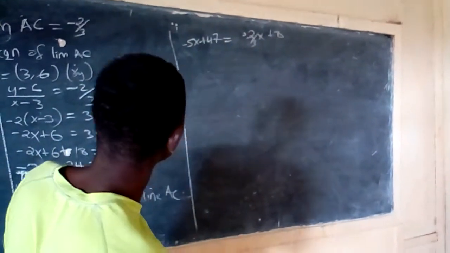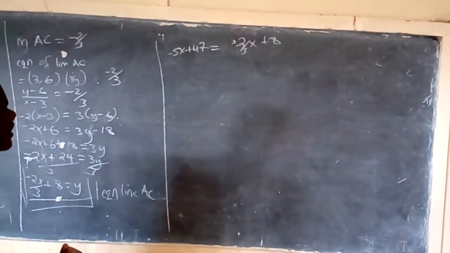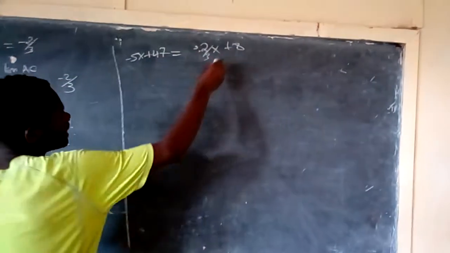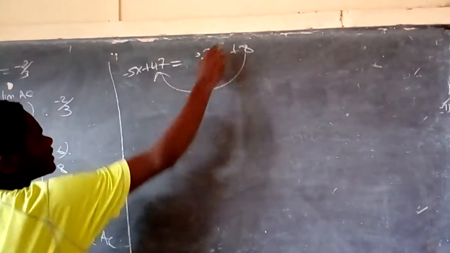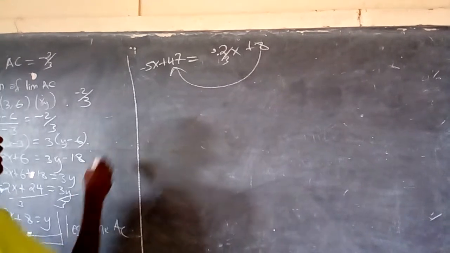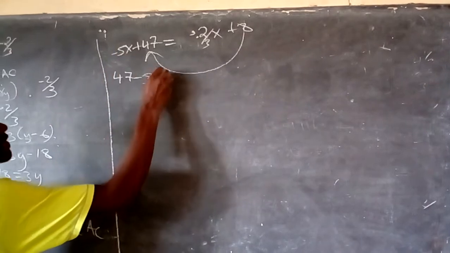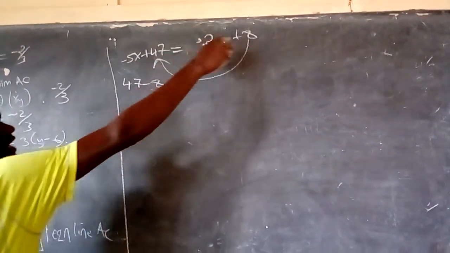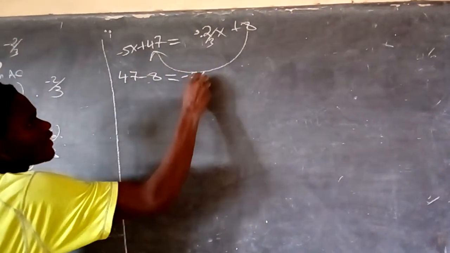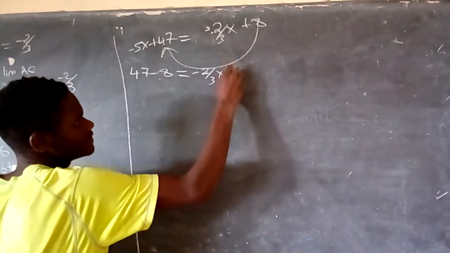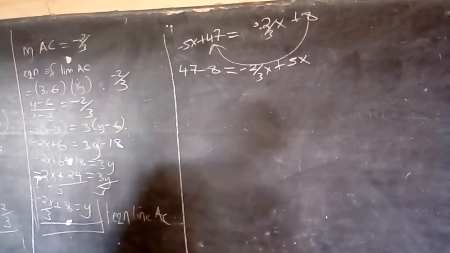What do I do at that point? I find the value of x, meaning I collect the like terms. Let me take this one to come this way, and this one here to go the other side. I find that 47 minus 8 is equal to negative 2 over 3x plus 5x.